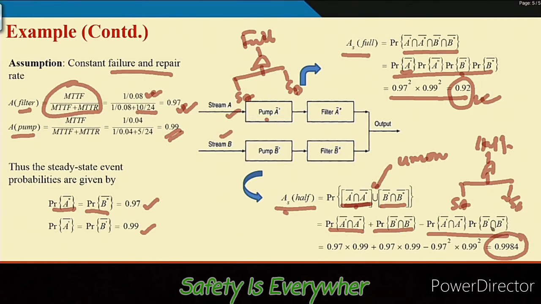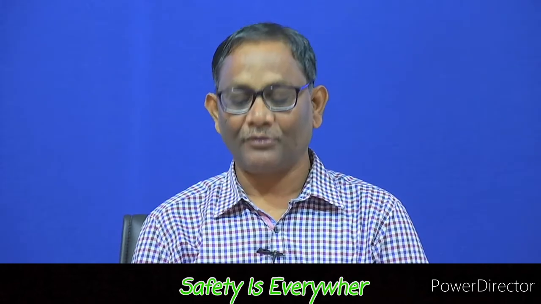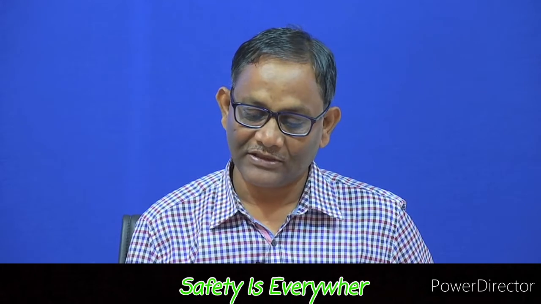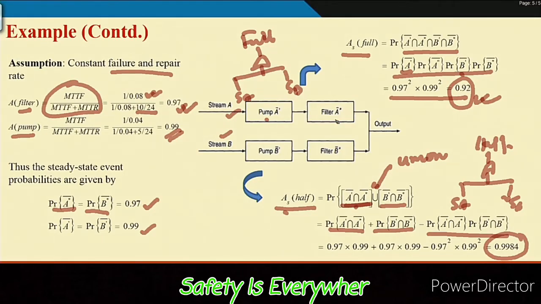Okay. So that means if your system is like this, when you have some components in series and then another similar component in parallel, you can very easily find out the availability, or as such the unavailability, of the system with an AND and OR gate combination. So for the first alternative, when we have only two streams, the availability for A is full and A is half is calculated: the first one is 0.92, that is A is full, and availability half is 0.9984.